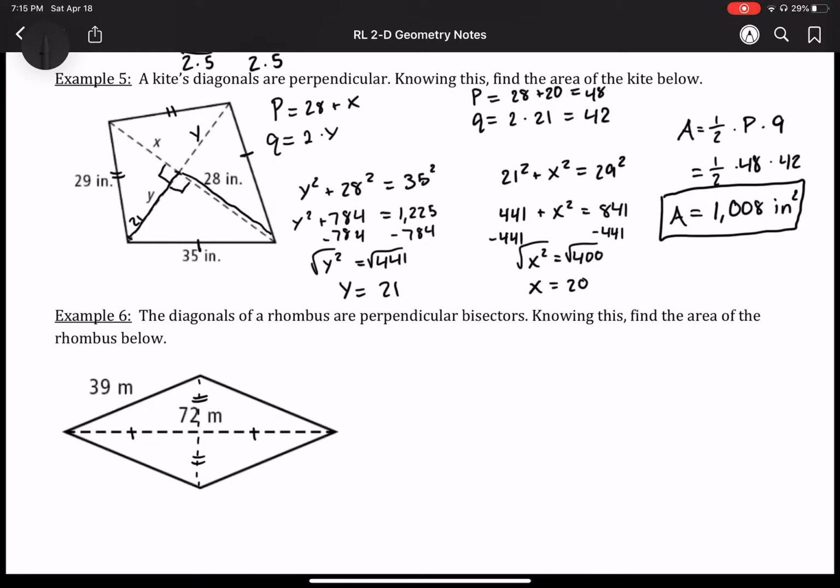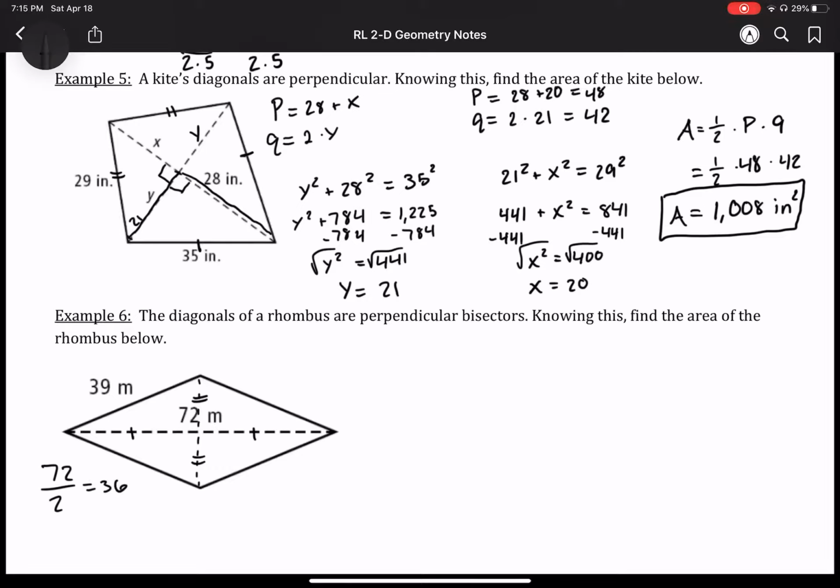So in order to solve, we do have to create another triangle here because we're trying to find the area and we only know the full length of one diagonal and a side. So if we divide that full length in half, I have 72 divided by 2, which is equal to 36.